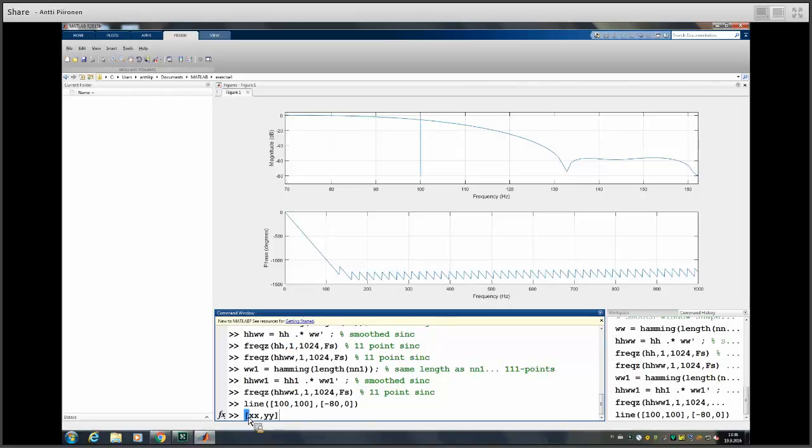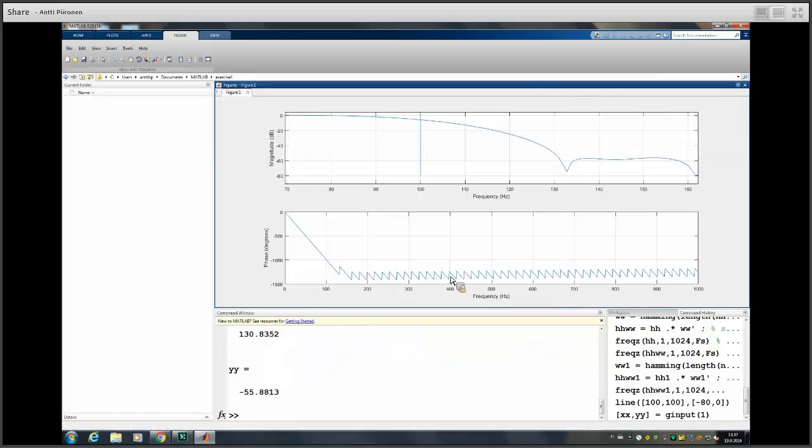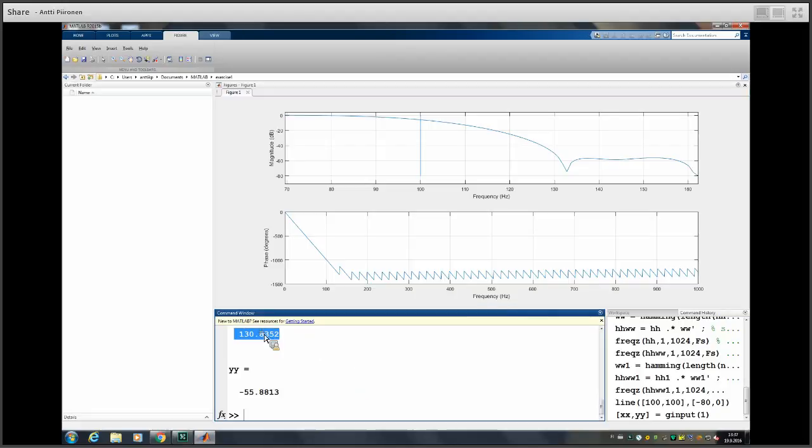One graphical input from this point. Click. So 130 Hertz stop band start frequency. Okay. So that means our transition bandwidth is now 30 Hertz. Sorry.